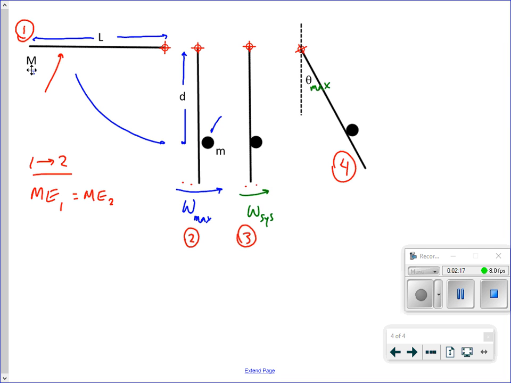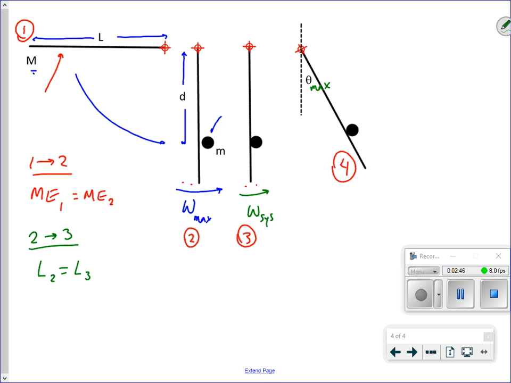And then from instant 2 to instant 3, well, that's an interaction between one object and another, the physical pendulum and the point mass, and during that interaction, we have to say that angular momentum is conserved, and that angular momentum at instant 2 equals angular momentum at instant 3.